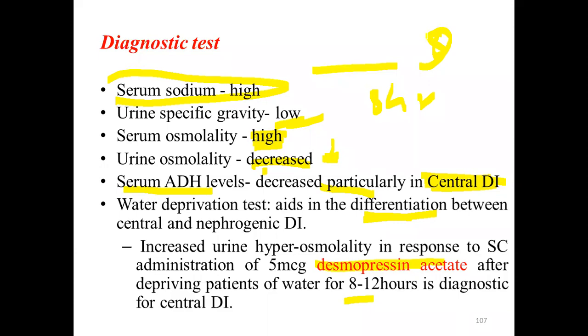Then, if the patient has central DI, what will happen to the urine osmolarity after deprivation? If the patient has central DI after the water deprivation or desmopressin suppression test, what will happen to the osmolarity of the urine?